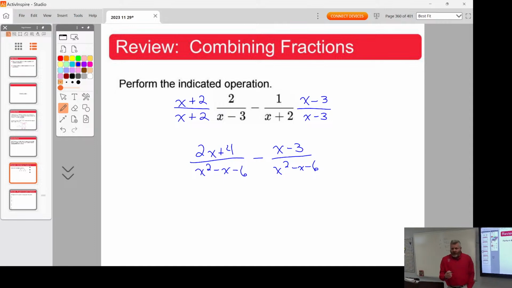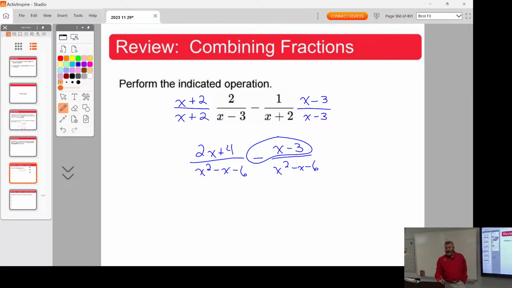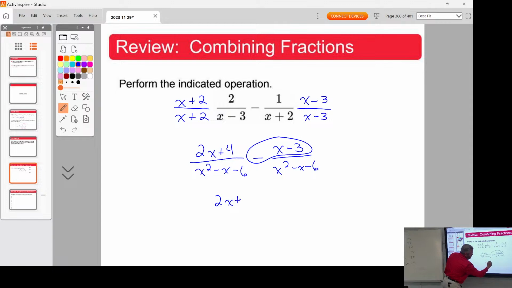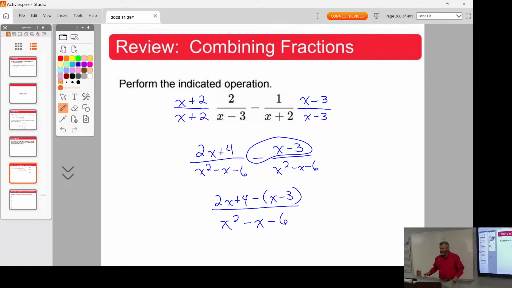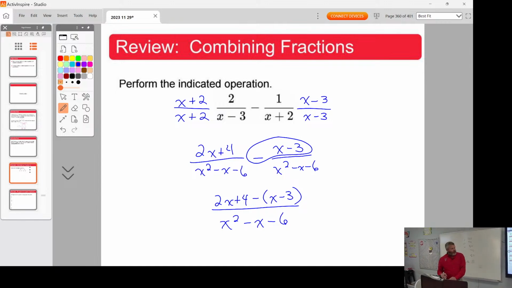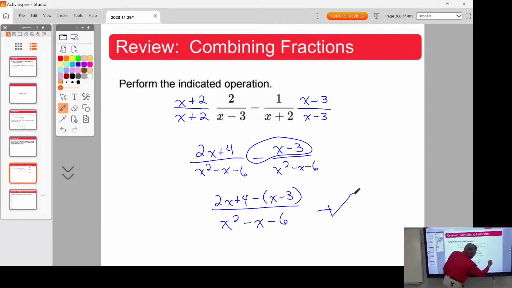Because I have a common denominator, I combine these. And this is where you have to be really careful. I'm subtracting that x minus 3. So the best way to rewrite this would be 2x plus 4 minus x minus 3 over x squared minus x minus 6. Combine like terms on the top, what do you get? 2x minus x is x.